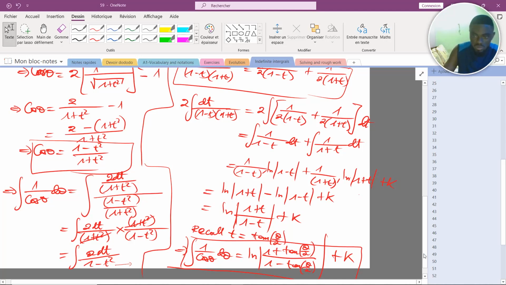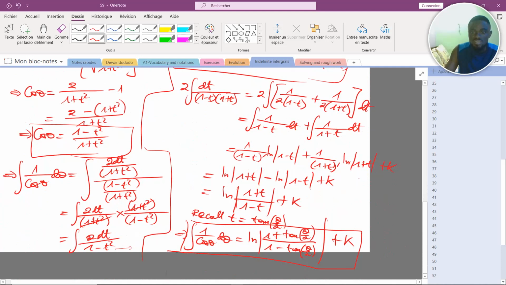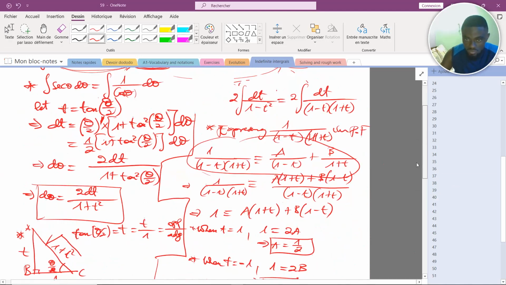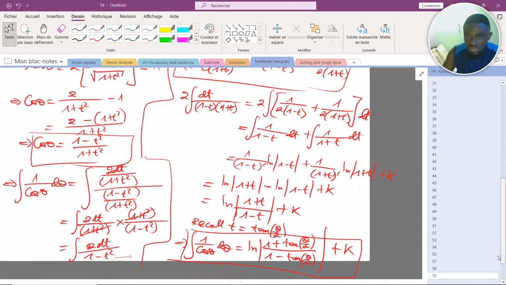Now we are already at this stage. We need to prove that this 1 plus tan theta on 2 all over 1 minus tan theta on 2 is equals to sec theta plus tan theta. Now, let me go to the next page.